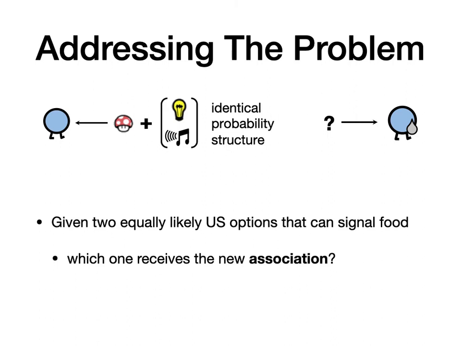If I presented all of what we talked about in terms of classical conditioning to you, you might just say, well, I don't know, 50-50, right? Maybe both. It has to be both, right? But again, it's about probability structure. So they have the same chance of occurring. They're both a 50-50 shot. Which one receives the association?